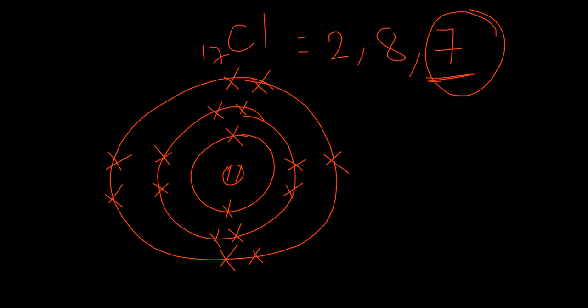We are going to add one more electron. And because that electron is different, coming from outside, we are going to use a circle to represent it. So now chlorine has gained an electron. And remember, the rule is that you only gain when your valence electron count is 5 or more.